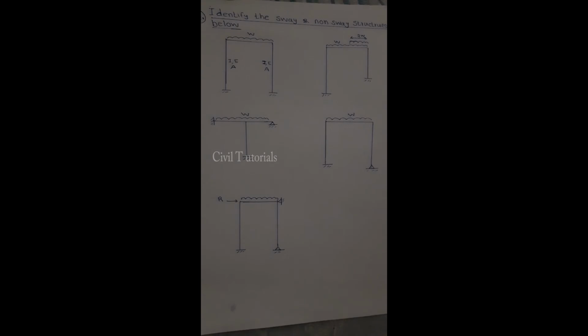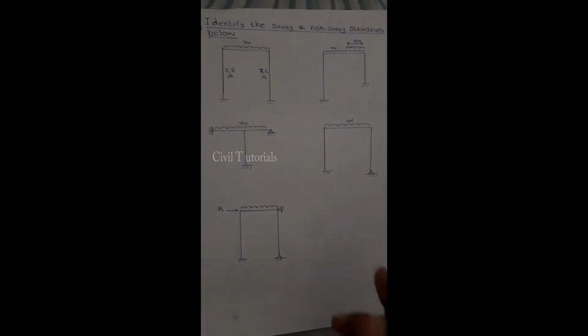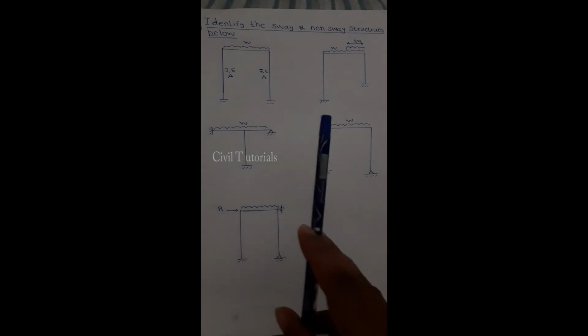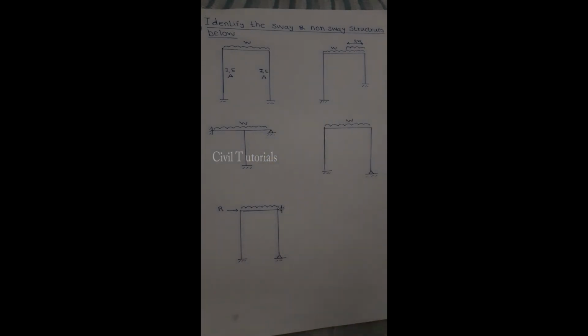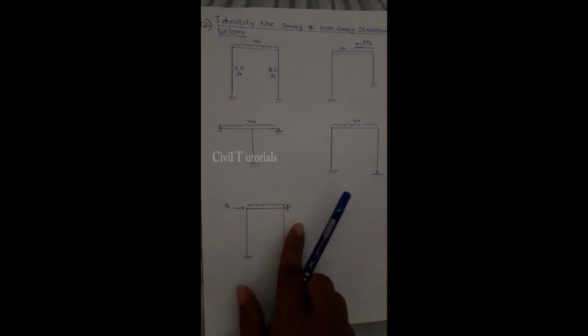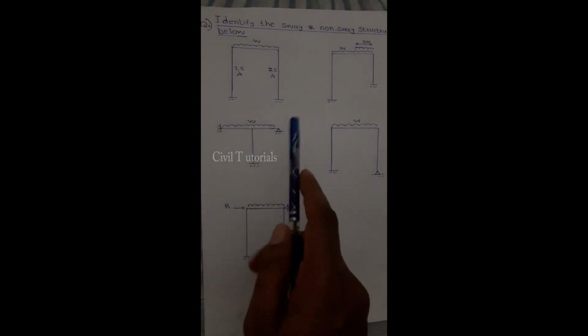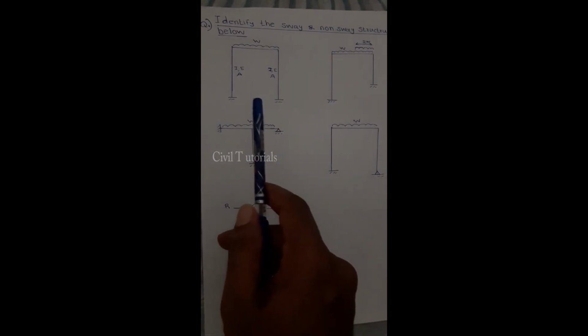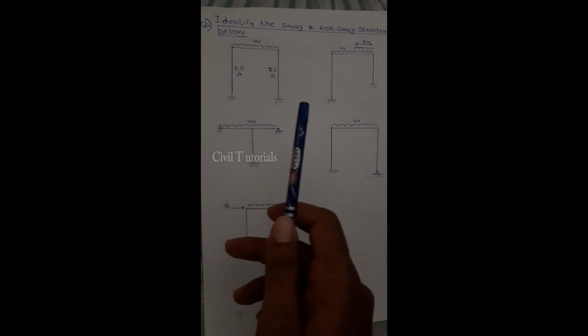Here are some simple, very interesting and easy questions just to identify whether these structures are sway structures or non-sway structures. Let's see our first structure. Let's think whether it's a sway or non-sway structure.